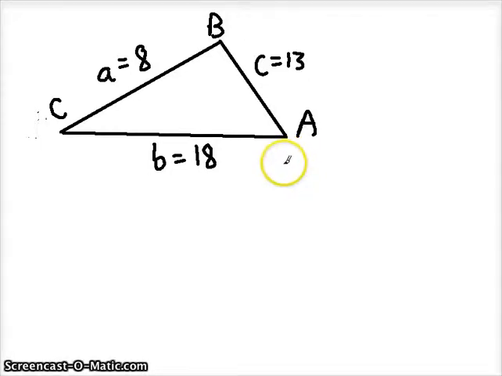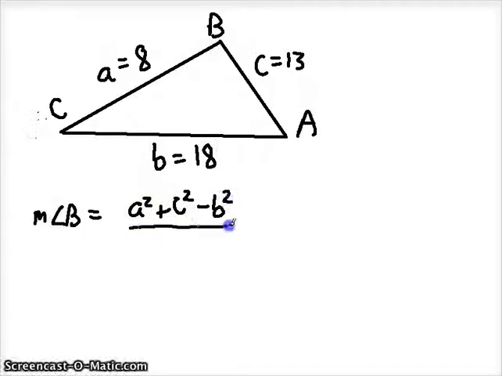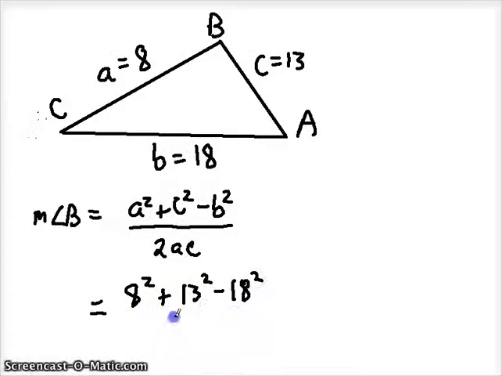I'm going to choose, let's do B. So I now set it up in terms of angle B. I already have that equation ready to go. Again, having that equation already set up and ready to substitute saves a lot of time. So now we substitute what we know here and simplify.